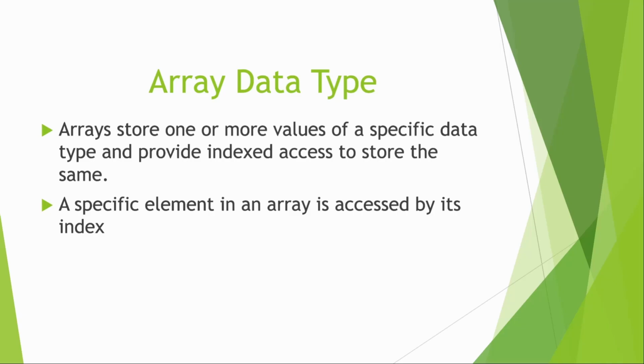In that way I can store the integers in one particular variable, instead of having 1000 separate variables. A specific element in an array is accessed by its index. Yes, every value gets a specific index. I'll show you a diagram on this in the Java docs as well.